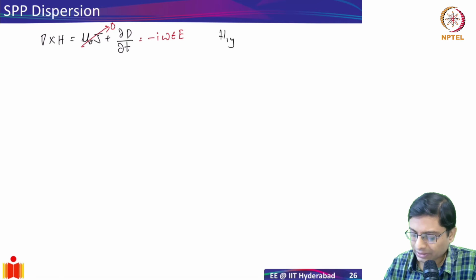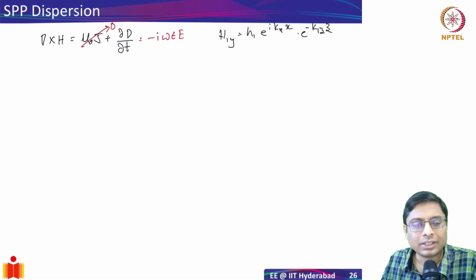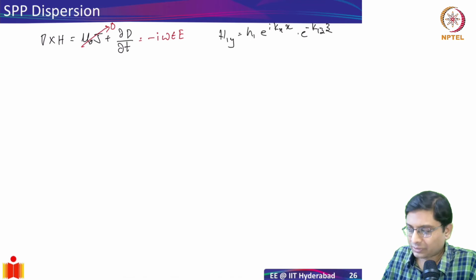H1 in the y direction is going to be H1 exponential of i kx x and exponential of minus k1z z. This is the dependence we have assumed in the first medium.